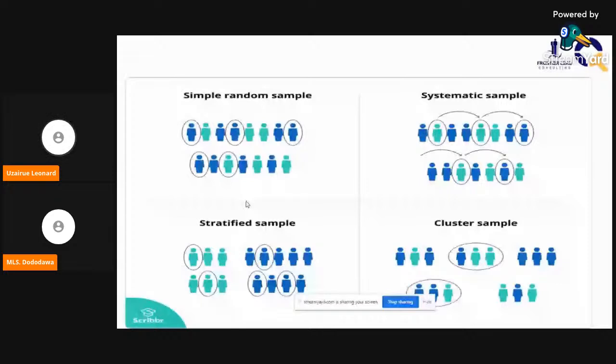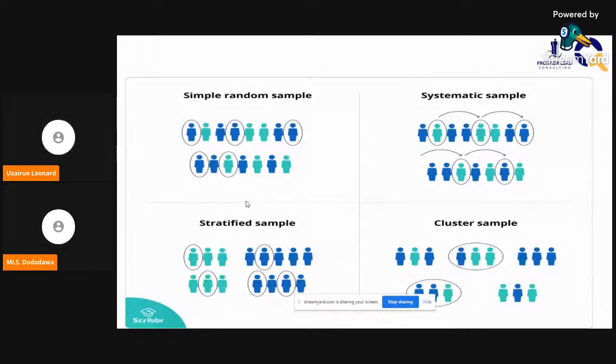Then the last one is cluster sampling, from the word clustering. When you say something is in a cluster, you are simply saying that they are in different groups. Cluster sampling involves dividing the population into subgroups, but each subgroup should have similar characteristics to the whole population.